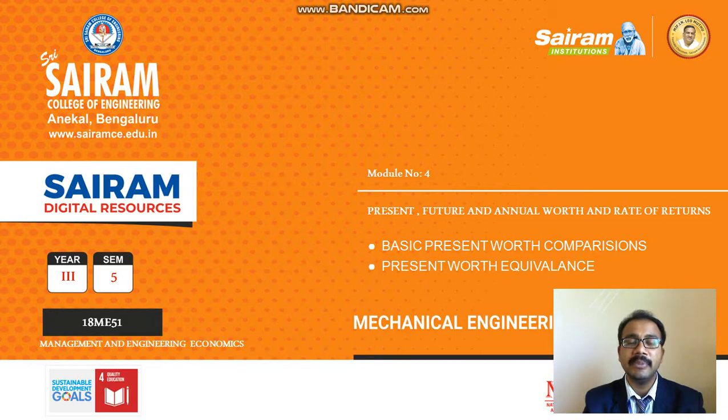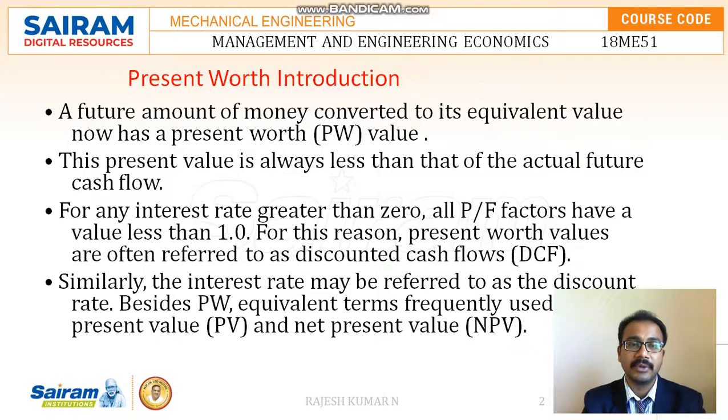So what is the selling price after 5 years? If I want to calculate that selling price value for today's date, that particular calculation we will call the present worth of the future product or any kind of asset which I am planning to sell.